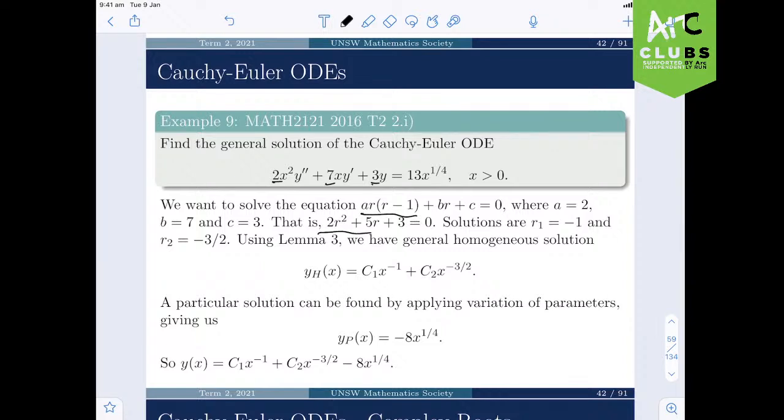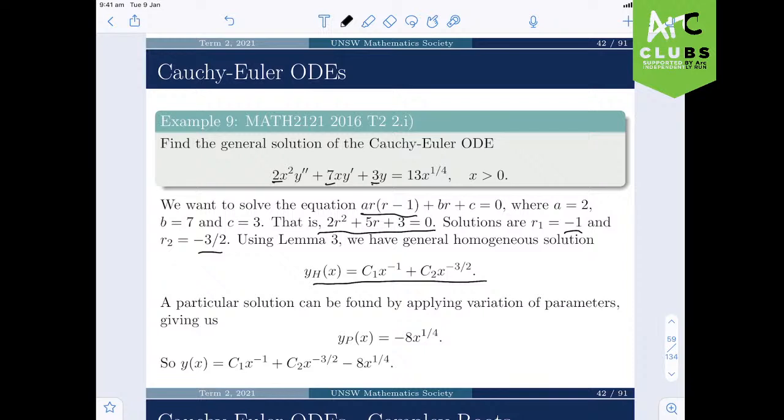So this is the indicial equation, and just trust me, the solutions to this are R1 equals minus 1 and R2 equals minus 3 on 2. And so using the lemma we had before, the general solution of the homogeneous equation is y_h of x equals c1 x to the minus 1 plus c2 x to the minus 3 on 2.